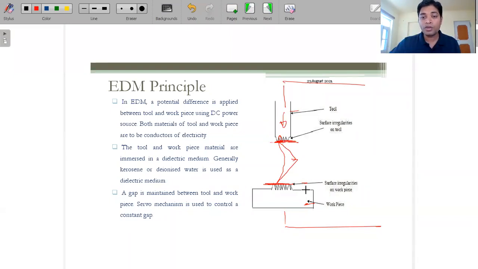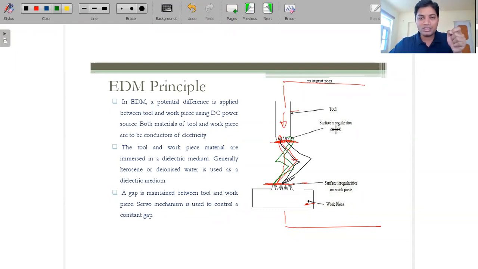Once the spark is generated and the material has been removed, other surface irregularities will come in contact with the other part, and that will also generate a spark and remove the material. Similarly it happens with the others. These things will happen, and this is the only mechanism to remove the material.